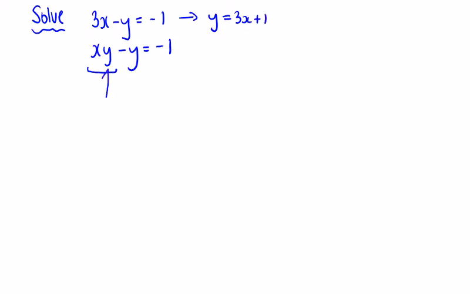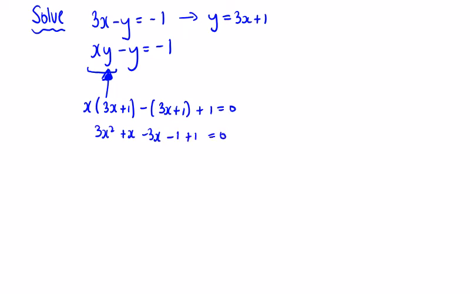And then subbing that in here, you're going to get x times (3x plus 1). And then we're going to have minus y, minus (3x plus 1), and I'll bring that 1 across. So you can see we're going to have a quadratic again. 3x squared plus x minus 3x minus 1 plus 1 is equal to 0.